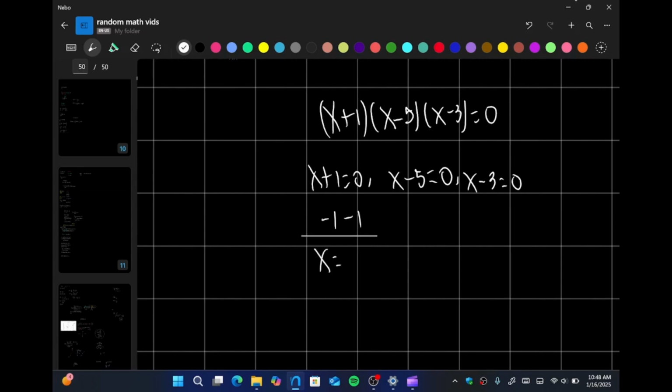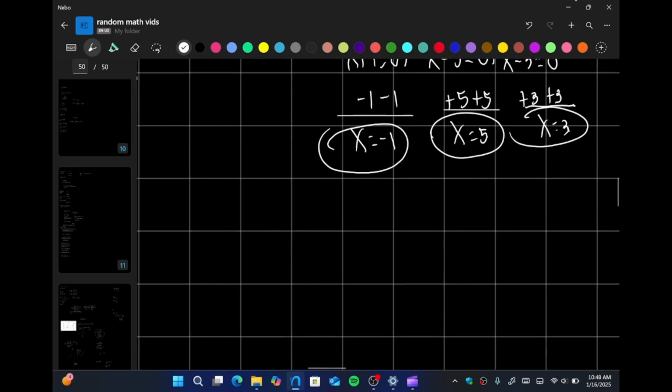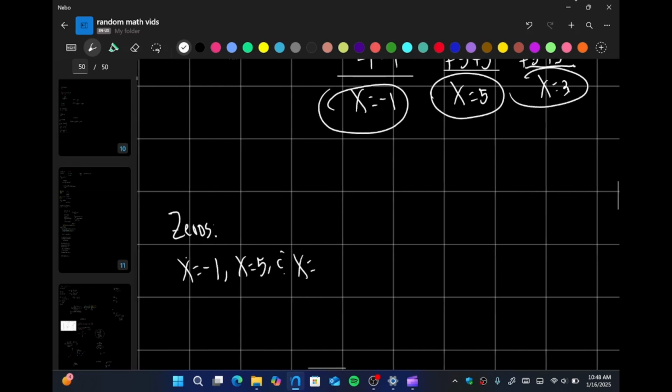So we have x equals negative 1, add 5 to both sides, x equals 5, add 3 to both sides, x equals 3. So the zeros are going to be x equals negative 1, x equals 5, and x equals 3.